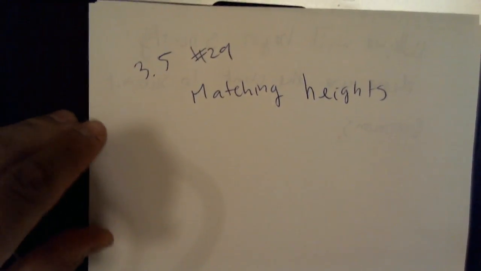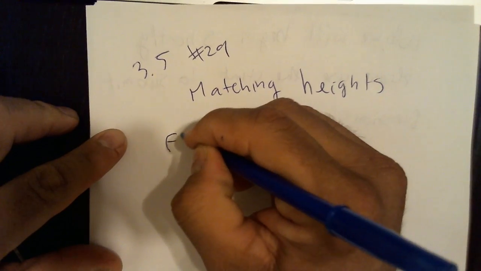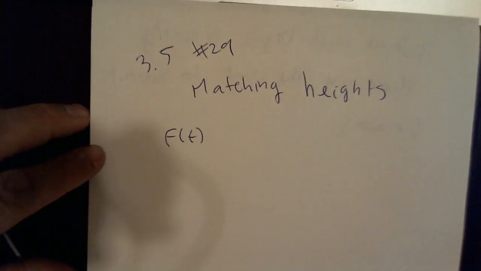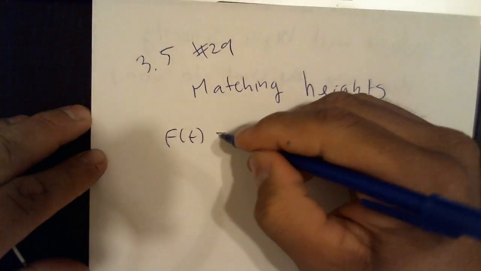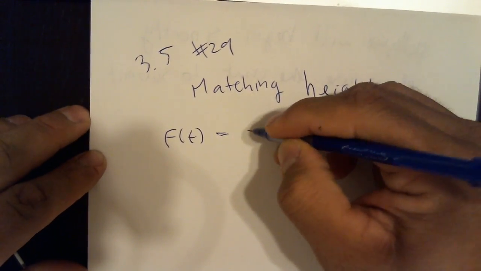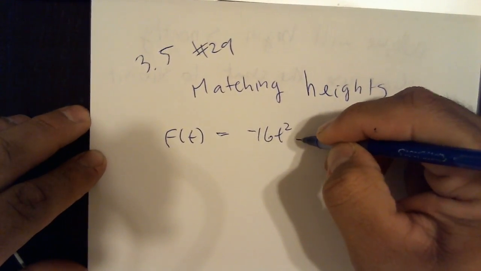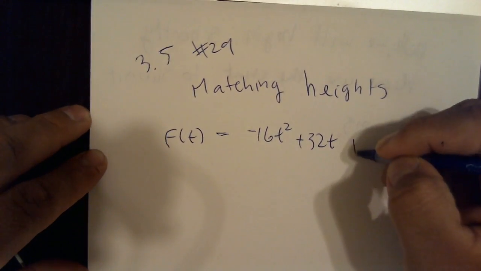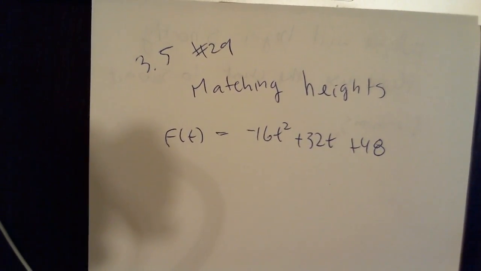Okay, so we have two functions here. The first one, f of t equals negative 16t squared plus 32t plus 48. A stone is thrown from the edge of a bridge that is 48 feet above the ground with an initial velocity of 32 feet per second.